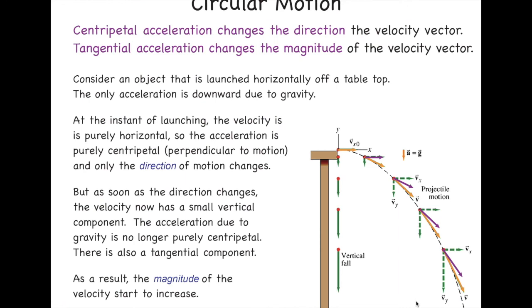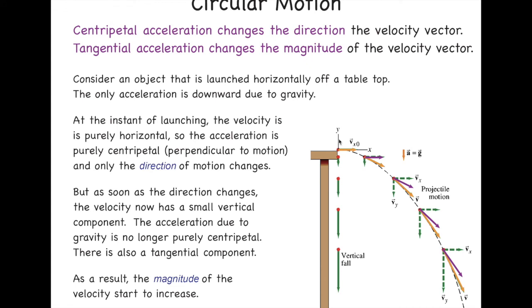What are the implications? Remember, we just said that centripetal acceleration changes the direction of the velocity vector, whereas tangential acceleration changes the magnitude of the velocity vector. So now let's consider our old friend of an object launched horizontally off of a tabletop. The only acceleration is that of gravity, and that points straight downwards.